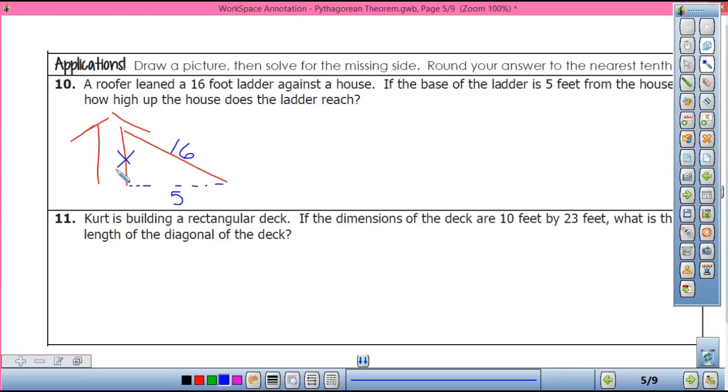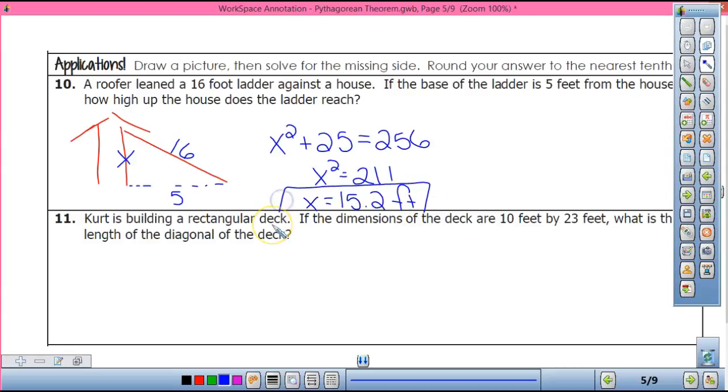Okay? So x squared plus 25 equals 256. X squared equals 231. X is 15.2. 15.2 what? Feet.